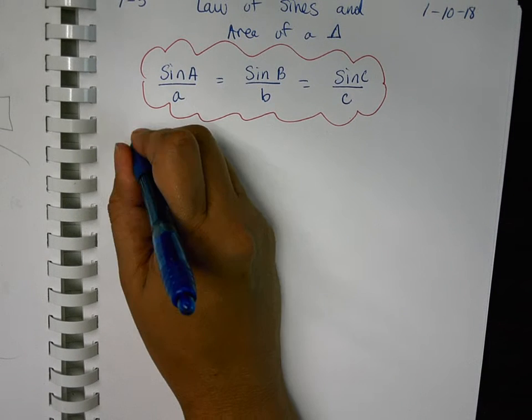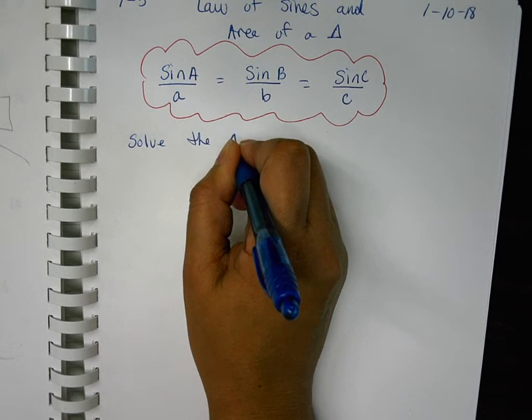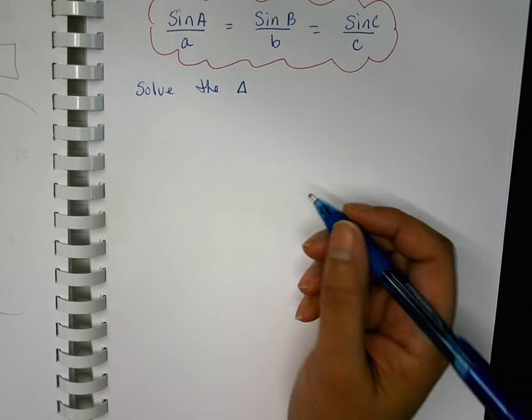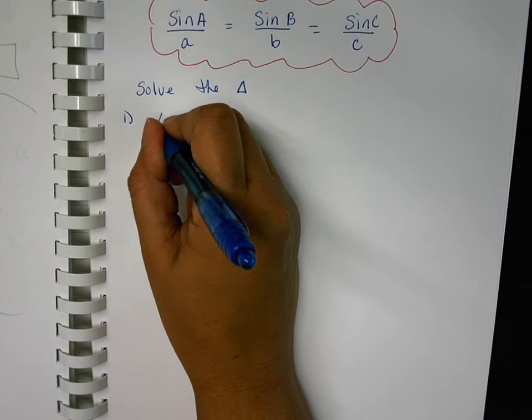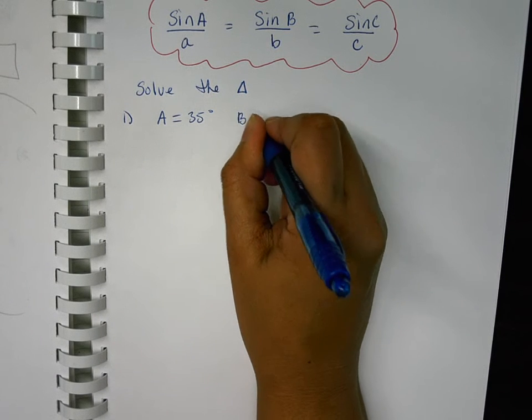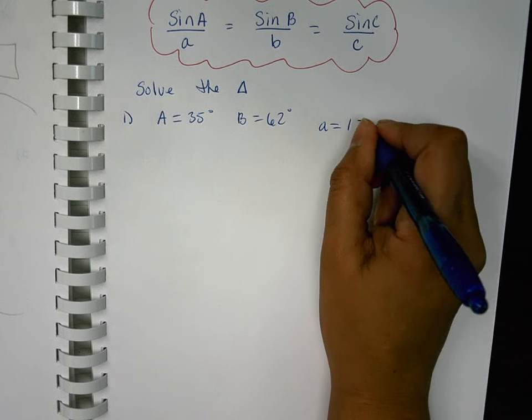Okay, now we talked yesterday about what it means to solve the triangle, yes? All right, we're going to do it the same way we did before. For number one, I'm going to give you that angle A is 35 degrees, angle B is 62 degrees, and little a is 15.